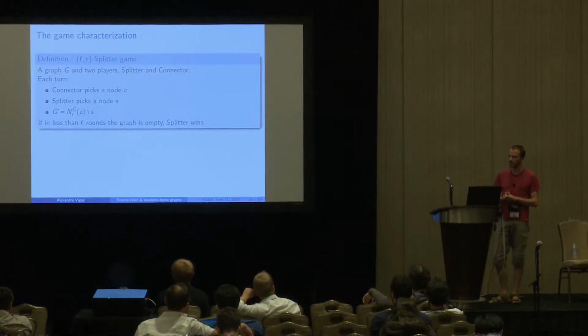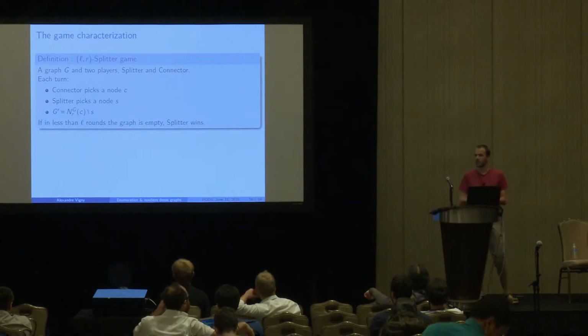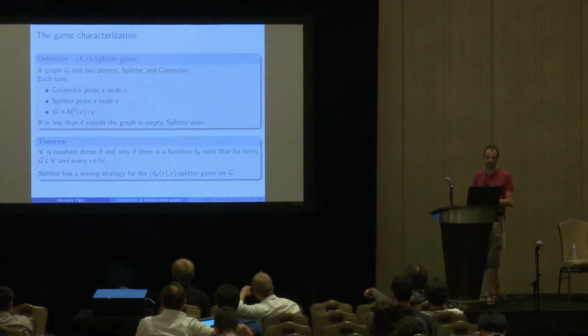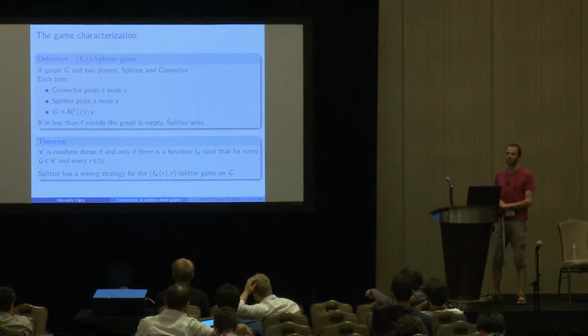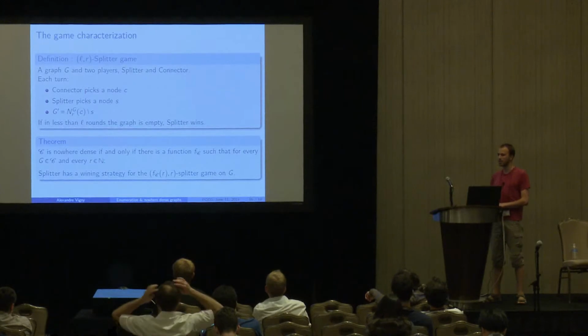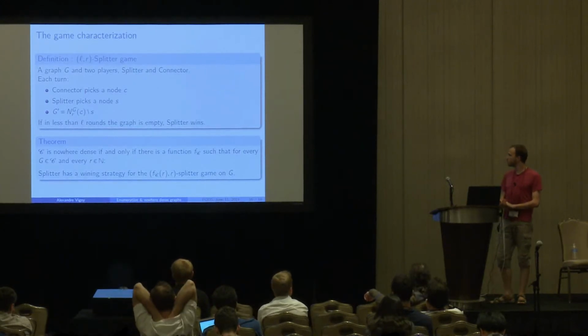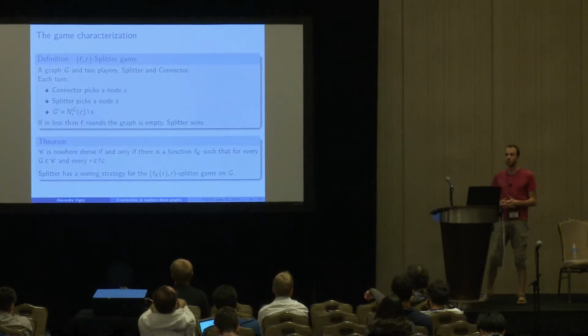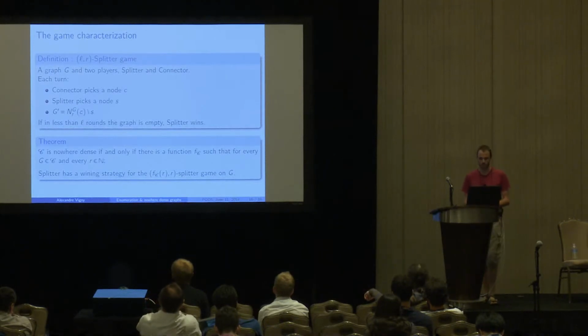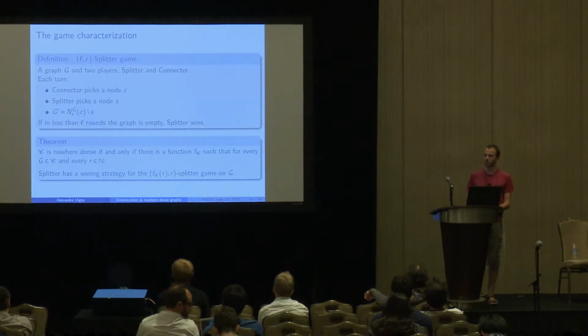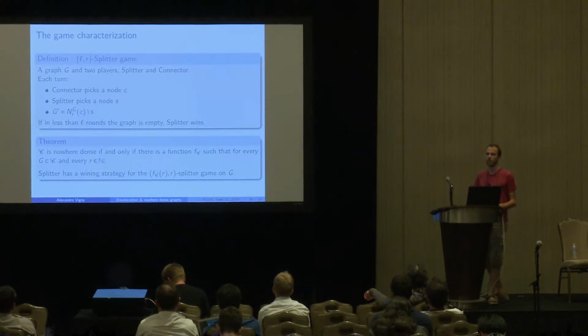We say that splitter wins if in less than L rounds the graph is empty. The theorem is that if our graph is in some nowhere dense class, the number of rounds only depends on R and does not depend on the size of the graph. And so this number of rounds, which only depends on R, the radius, and therefore only on the size of the query, will be an inductive parameter used in our preprocessing algorithm.